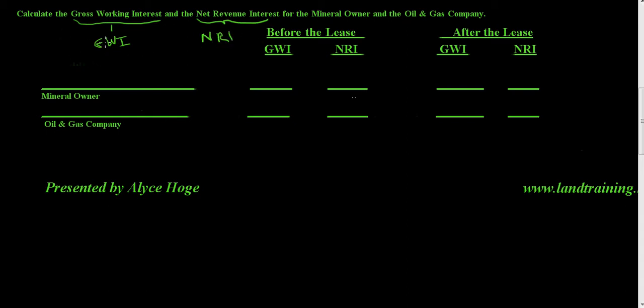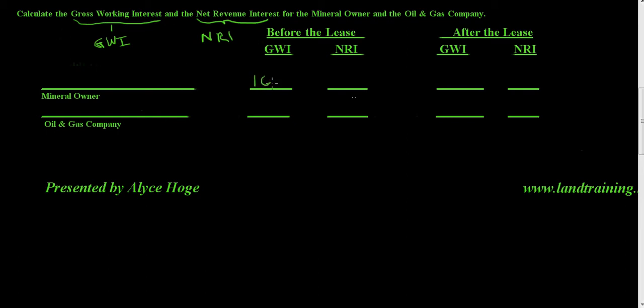So when we're talking about the gross working interest, we're talking about who is responsible for paying the bills. If a mineral owner decides he wants to drill an oil and gas well on his land, he is going to get 100% of the gross working interest.